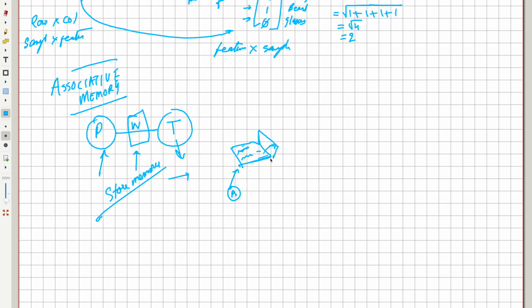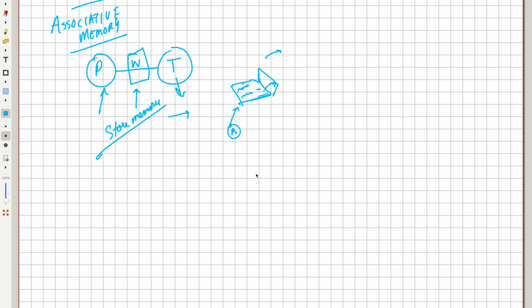That is how, in a general way, the weight matrix would work, where the idea is that we try and store patterns in the weight matrix. So the question is, how can multiple memories be stored in just a single weight matrix?